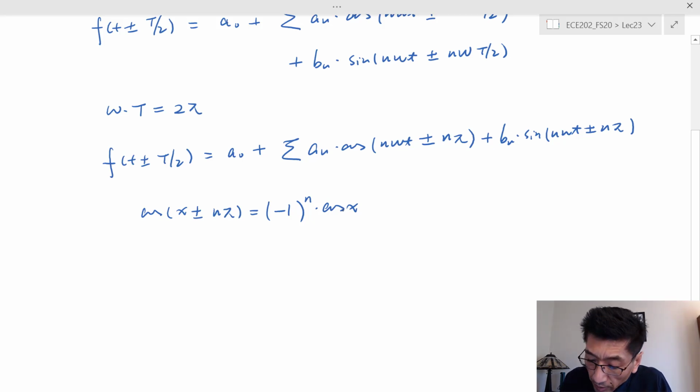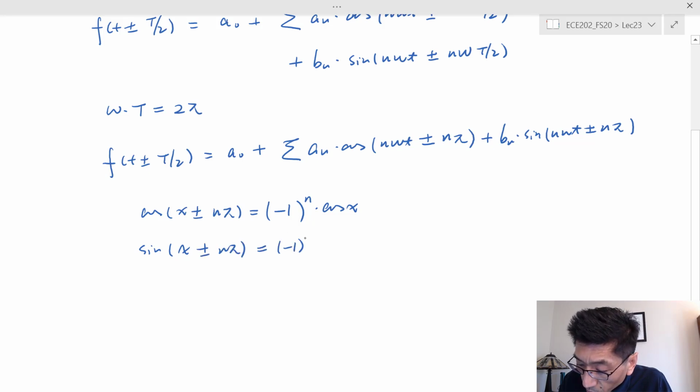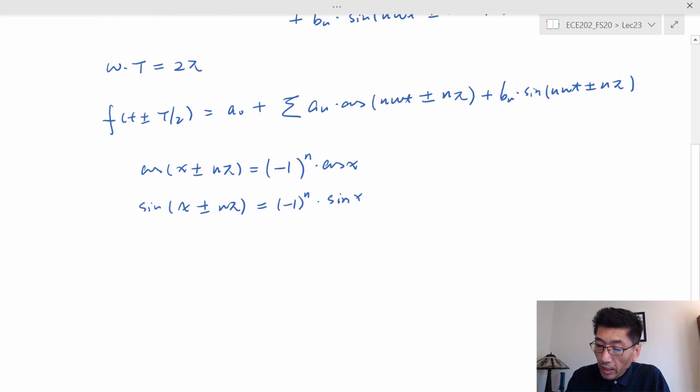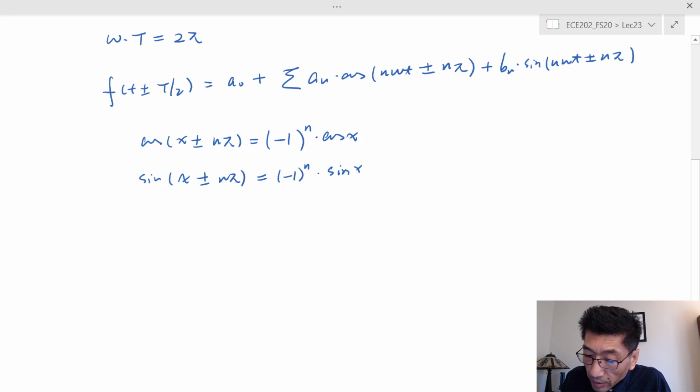These are trig identities, and this is also true for the sine function: sine of x plus or minus n pi is equal to negative 1 to the power n times sine x.